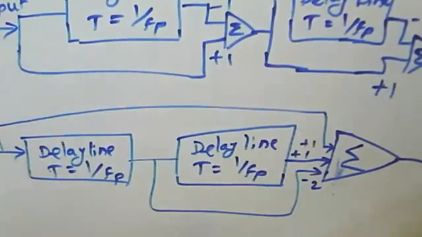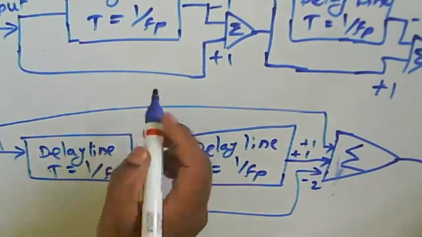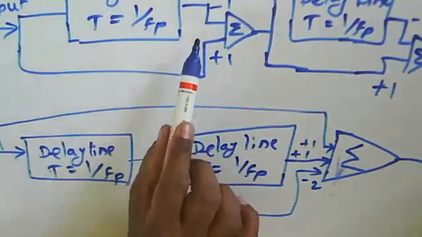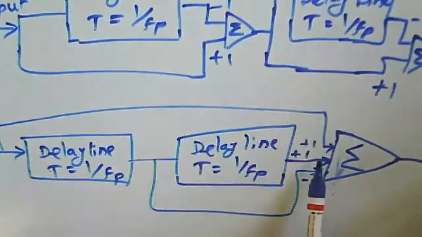Just as we applied the weights -1 and +1, here we apply the weights 1, -2, 1.